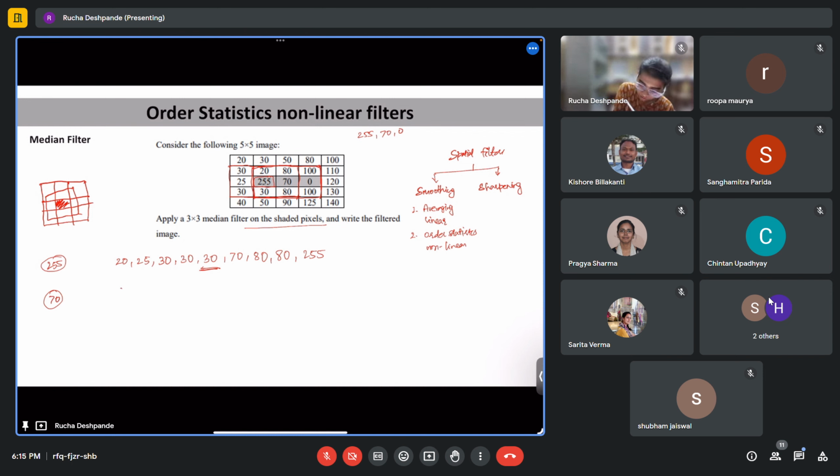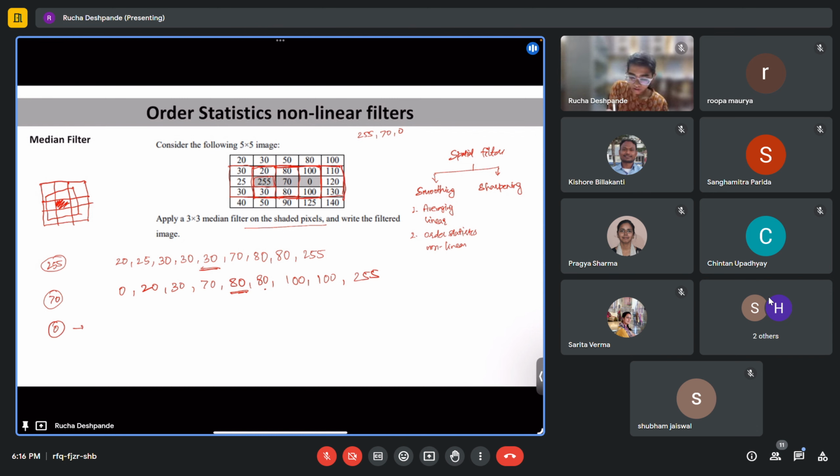So we have 0, and 255. So here the value of this pixel would be 80, and for 0, this would be the neighboring matrix.